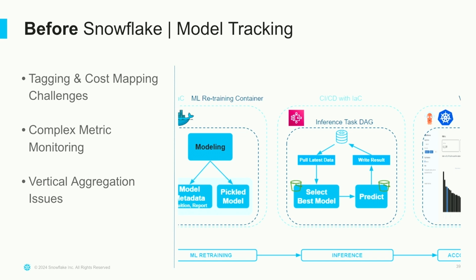But the vertical aggregation going back to different business verticals was really an issue, because we do our experimentation in SageMaker, our ML models are deployed in Lambda, and our more advanced models are deployed in Fargate. We were able to get the cost aggregate for each one, but it isn't easy to point it to a specific one and then aggregate it back.